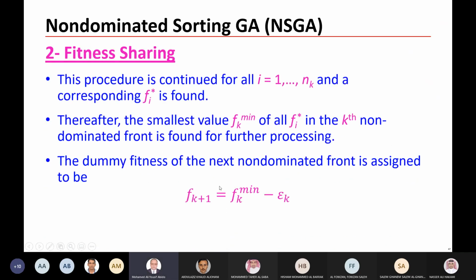So we identify the minimum for the first front, we subtract epsilon, and then we get the raw fitness for the second front. Then we do sharing and modify this value by dividing by the sharing, and we identify the minimum, we subtract, and then we have the dummy or raw fitness, and we modify it according to the sharing and so on. Do you have any question?